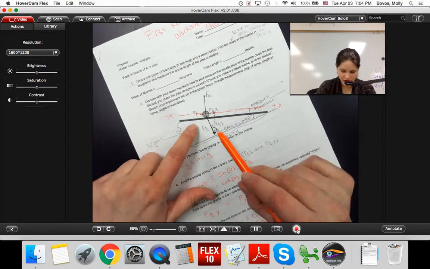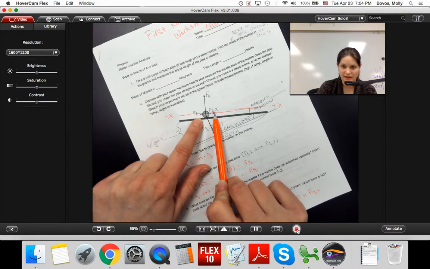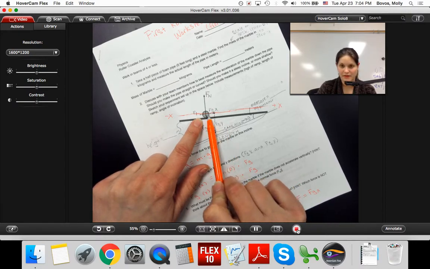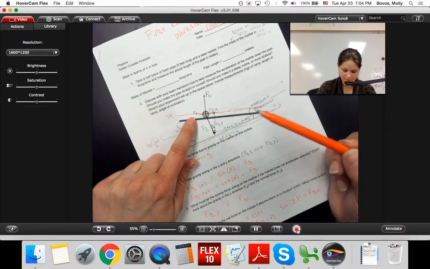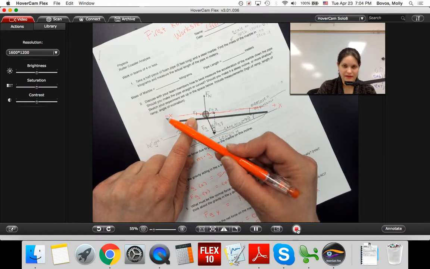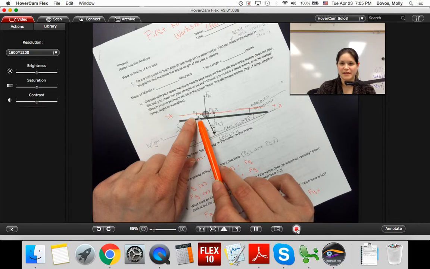And so the forces acting in the x direction are going to be FGX, so the weight that's pulling me actually down the ramp. And then in the negative x direction, you've got your force of friction, which is why we would describe this as a negative number.